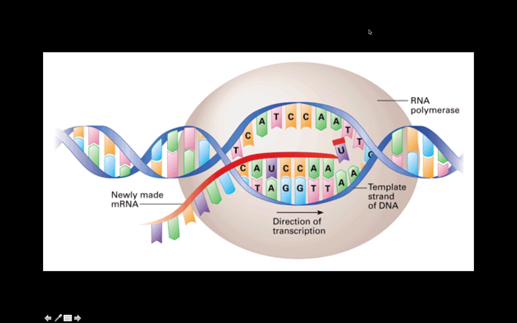So the blue strands here would be our two DNA strands. Our DNA strands are pulled apart, and our mRNA strand is made from our DNA template strand. Remember, just one of the DNA strands is used to make our mRNA strand.